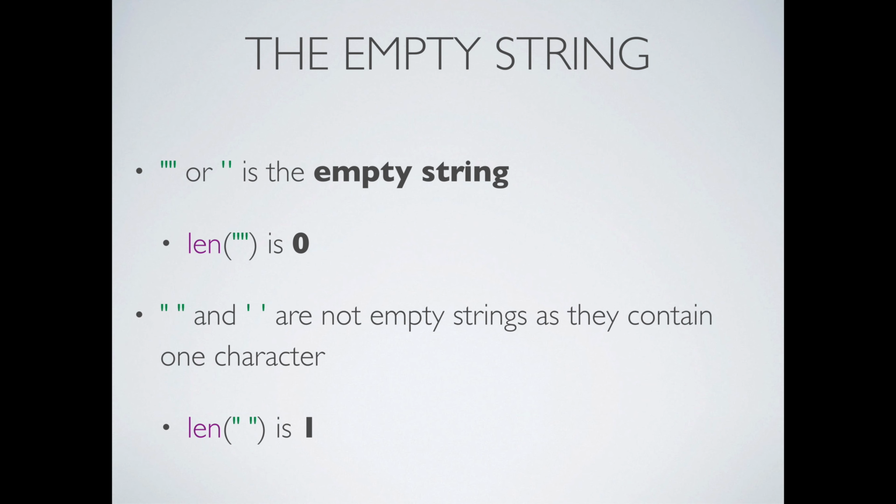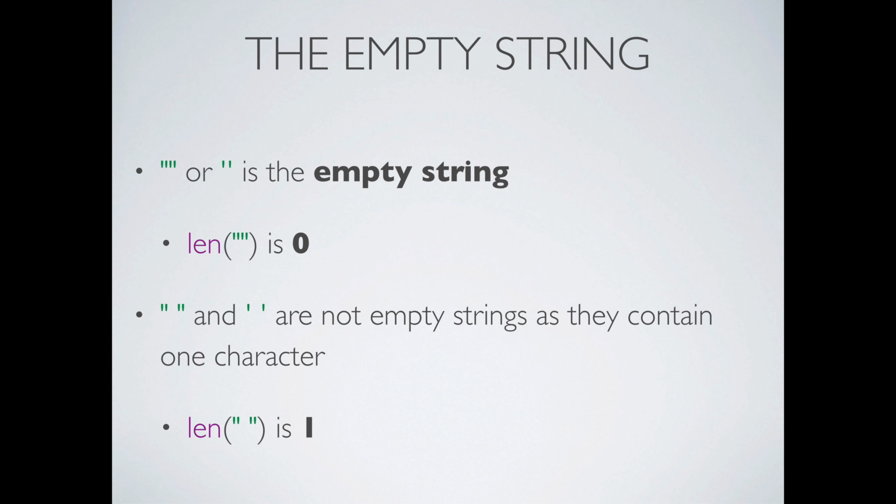To make an empty string, you just type 2 quotes, either 2 double quotes or 2 single quotes, and you don't put anything in between the quotes. That is still a data value of type string. The length of it is 0, because length tells you the number of characters in the string.